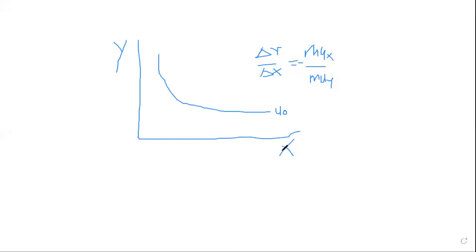If we had y on the horizontal axis and then x on the vertical axis, then the slope would have been change in x over change in y, and that would have been equal to the negative of marginal utility of y over the marginal utility of x.